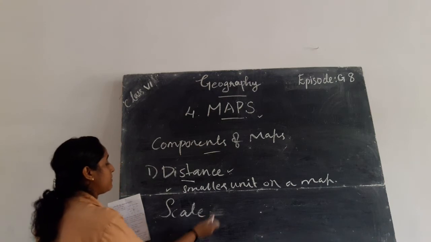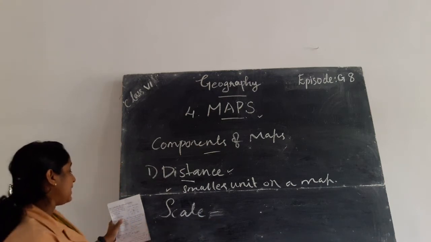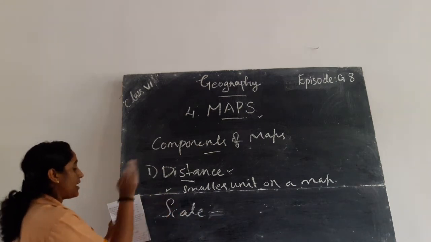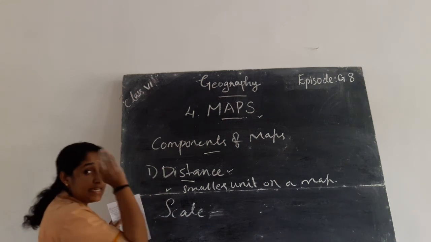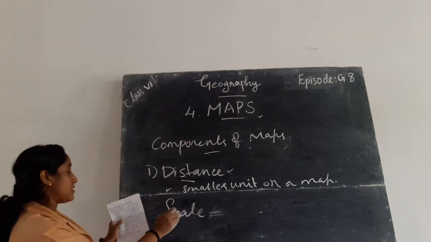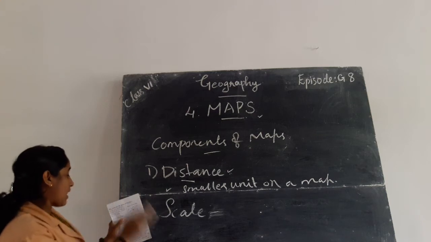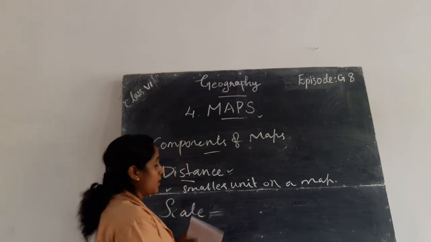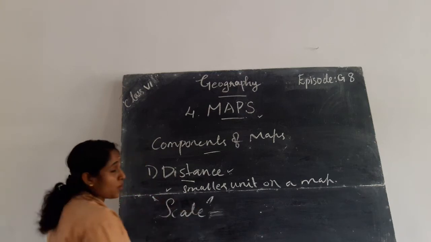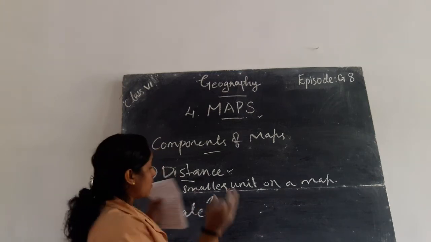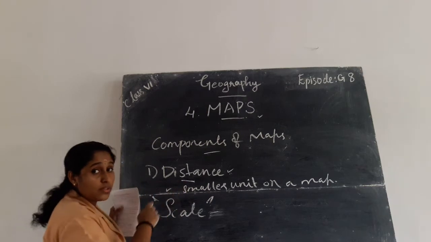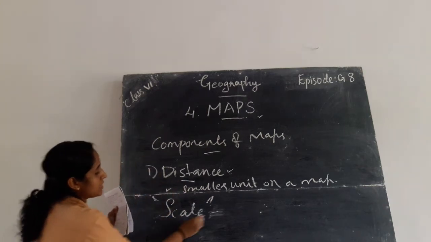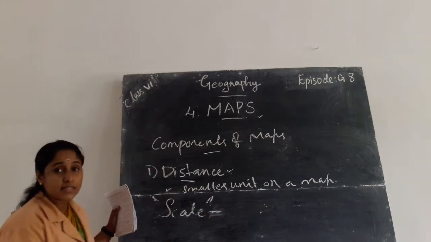So what do you mean by scale? A scale shows the ratio between the original, real distance on the ground and the distance on the map. The scale shows the distance on the earth relative to the distance on the map. That is called scale.